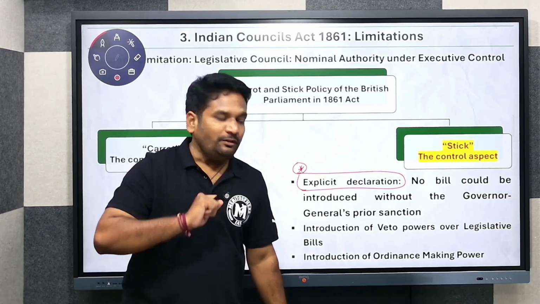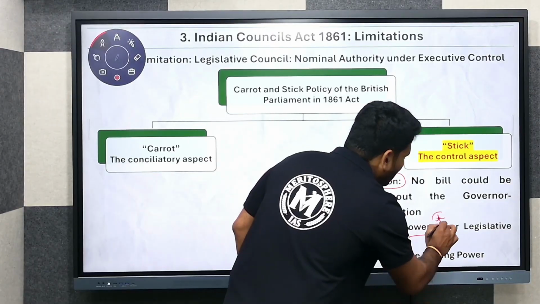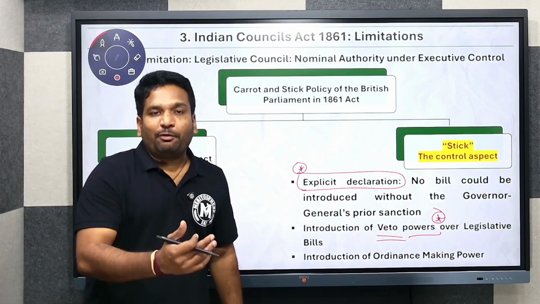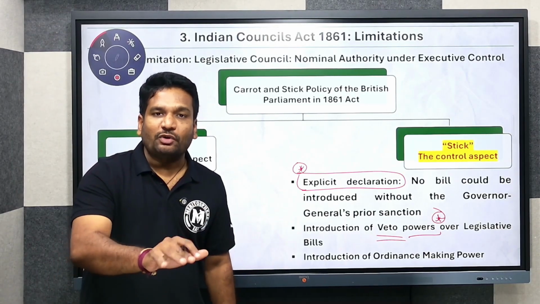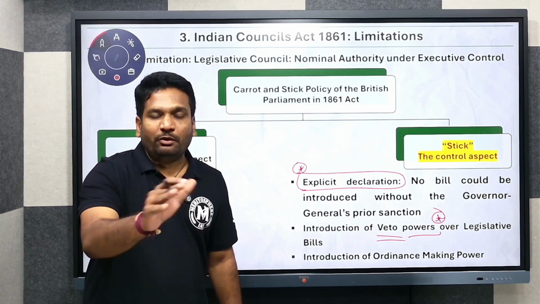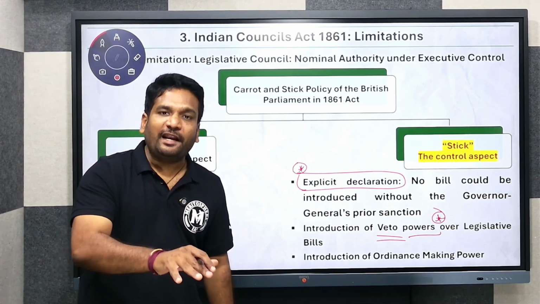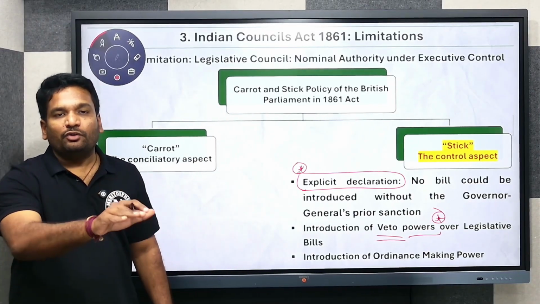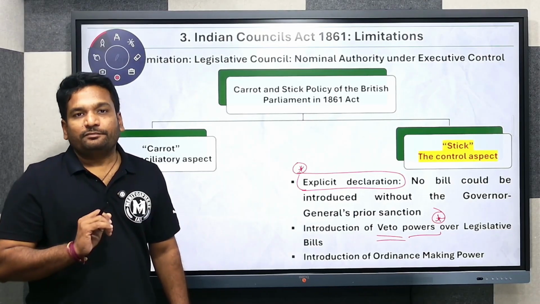And also the introduction of veto powers. Even after the introduction of a bill, which is introduced after the prior approval of the Governor General of India, and the Legislative Council has decided the matter positively, that means it wants to bring that bill into enactment, it has voted with a positive vote, but still at this point of time, the Governor General of India was granted veto powers to withhold assent or withhold his signature to such a bill, right?